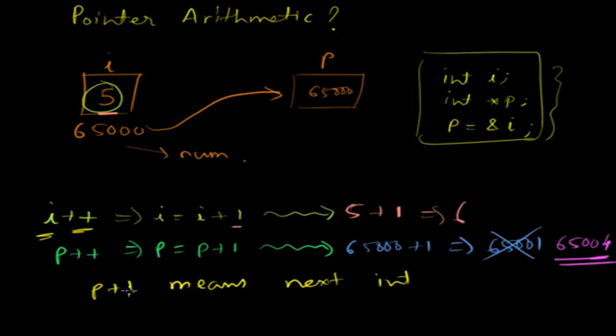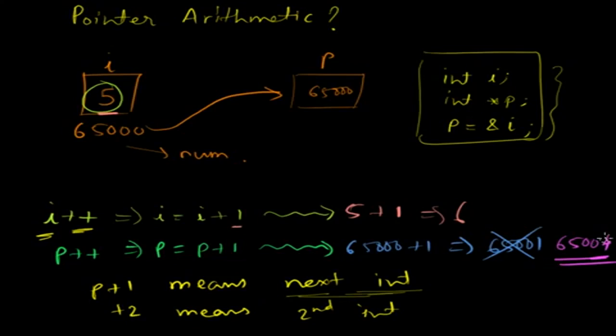Consider it like this. We have a list of integers and the pointer is pointing to the first integer. When I say increment the pointer, where will the pointer go? Pointer will point to the next integer. Same if I do plus 2, then it means next of next. That means the second integer, right?